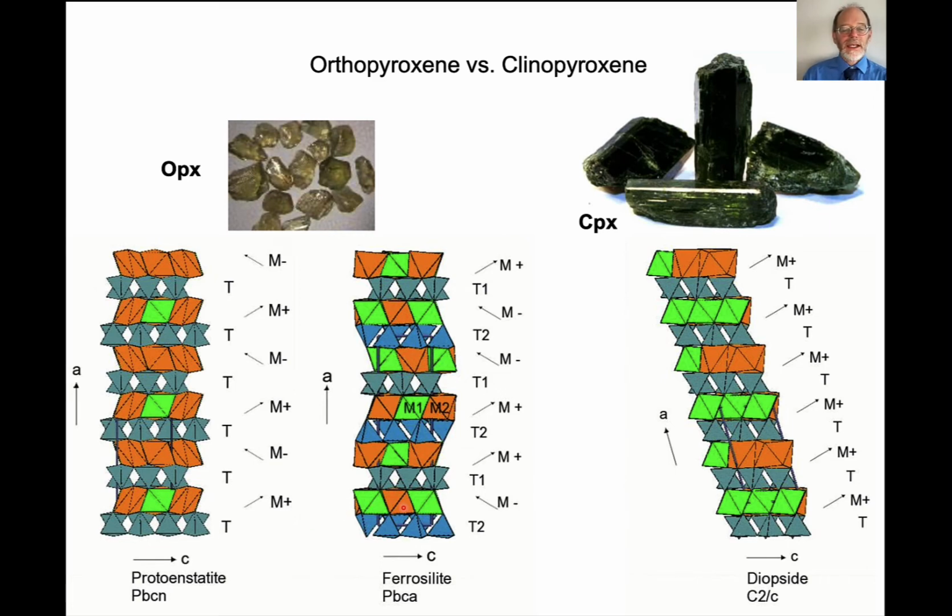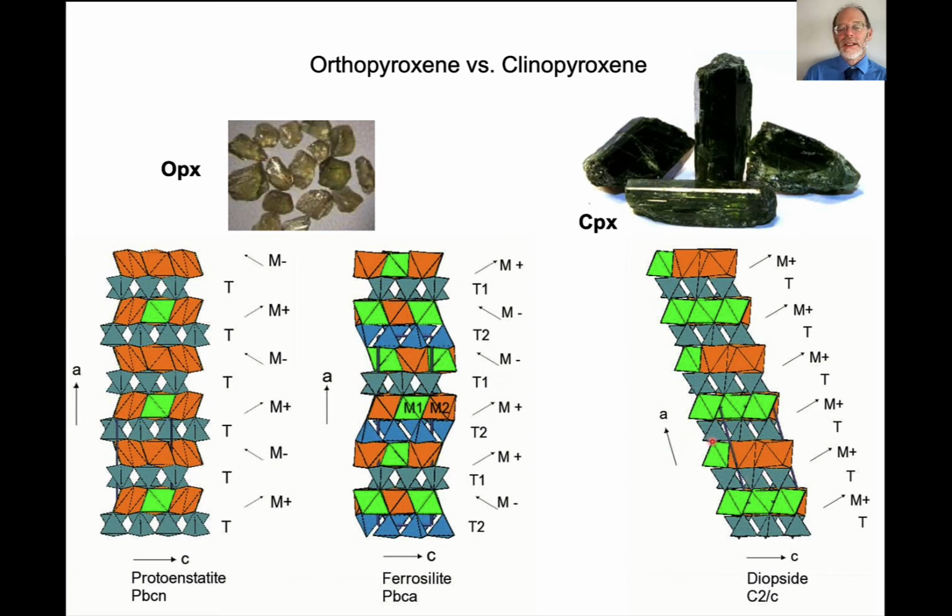Ferrosilite has a similar structure, but it has double pointing directions. So here, these are pointing in the same direction. Two of them pointing in the opposite direction, two more pointing in this direction, two more pointing in that direction, and so on. And so again, the A-axis is perpendicular to the chain direction, the C-axis. That's different in clinopyroxenes. In clinopyroxenes, the pointing direction of the octahedra is all the same.